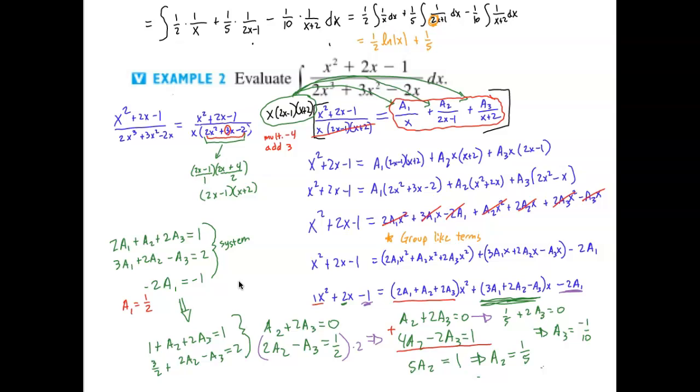So you can verify for yourself and actually make that u sub, but it's going to end up coming out to 1/2 natural log absolute value 2x minus 1. And then this one is minus 1/10 natural log absolute value x plus 2. And then plus c.